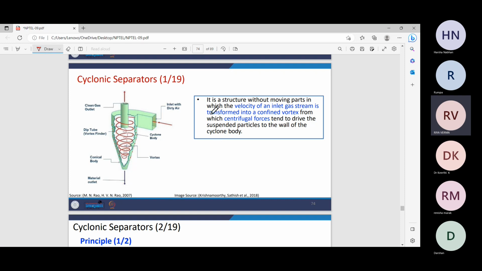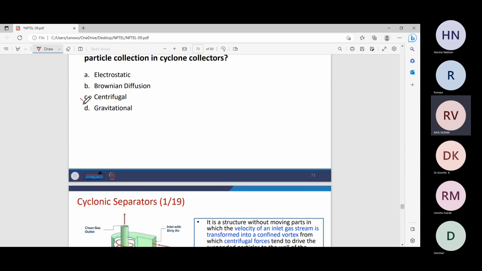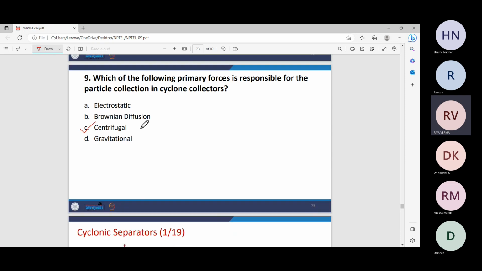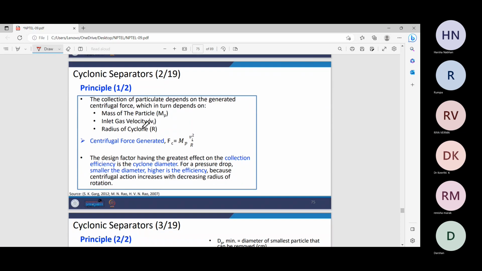So there is a vortex formation of this gas, for which centrifugal forces tend to drive the suspended particles to the wall of the cyclone body. So the force that is responsible for the particulate collection is centrifugal force. The collection of particulate matter generally depends on the centrifugal force that is generated inside the cyclone.